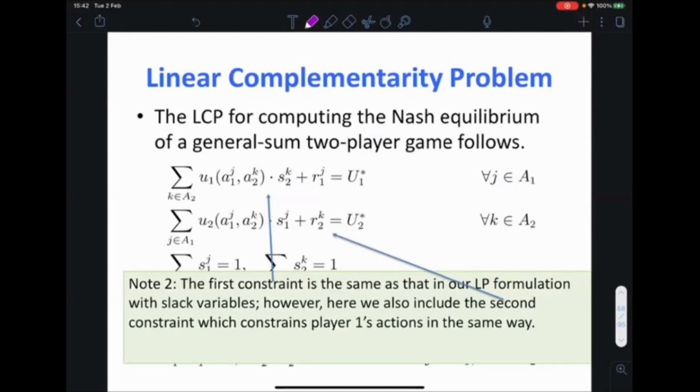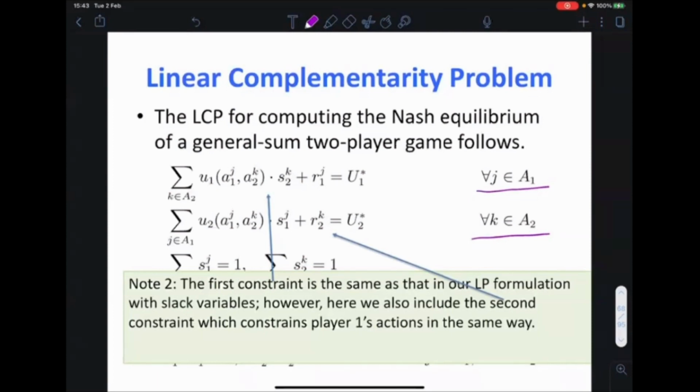So we got all these actions for player 1, all these actions for player 2. They need to fulfill that kind of relationship, as I said. Usually in a support set, the probability is larger than 0. If you're in the support set, the probability of selecting that action is larger than 0, then the slack variable would be 0.